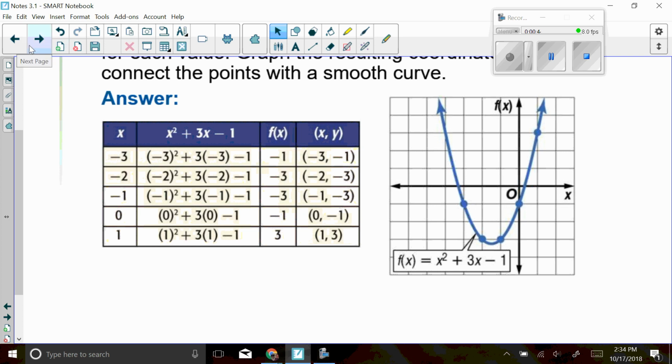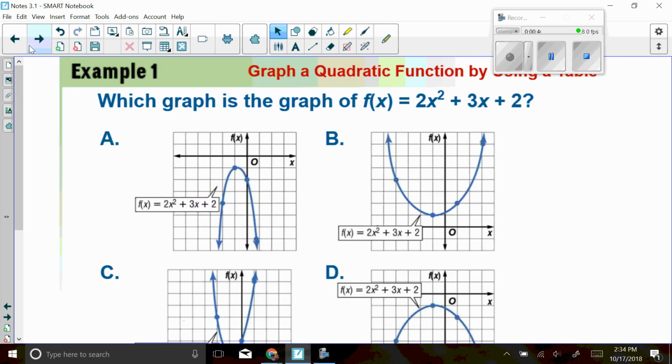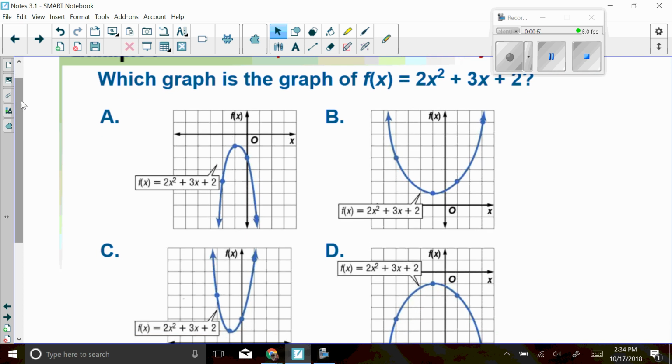And that's about it. Plug it in. This one: which graph is the graph of f of x equals 2x squared plus 3x plus 2? So first thing, and we'll learn this later, as I look at this, I notice that my a value is 2.